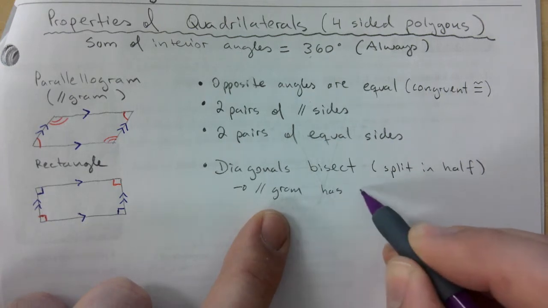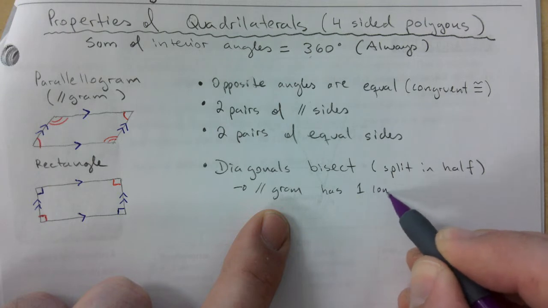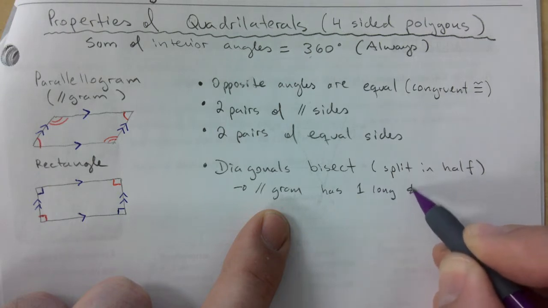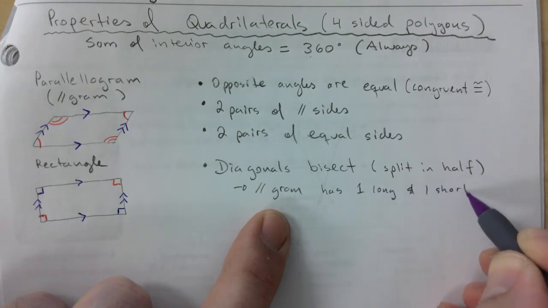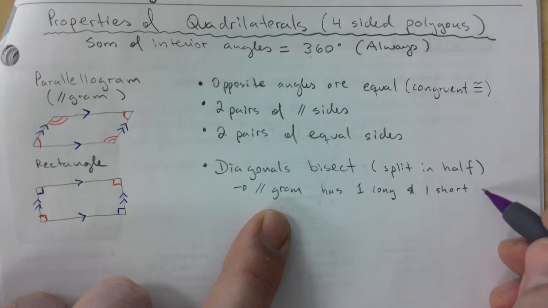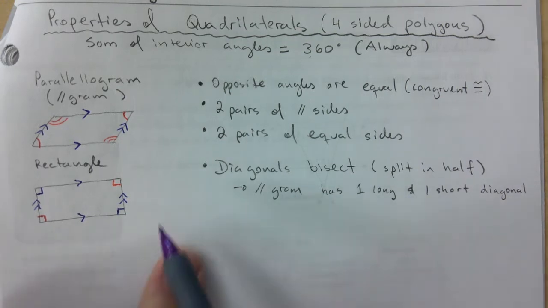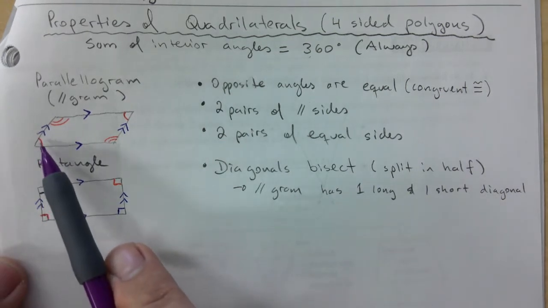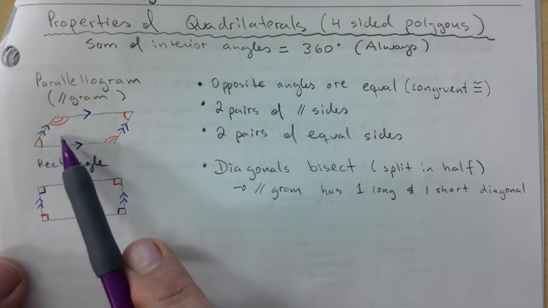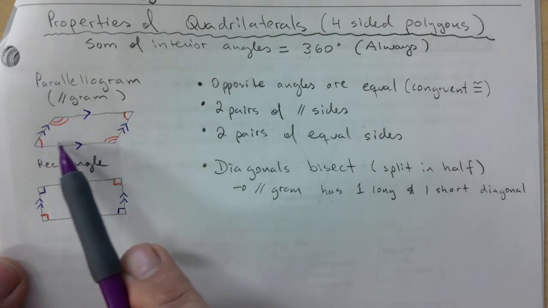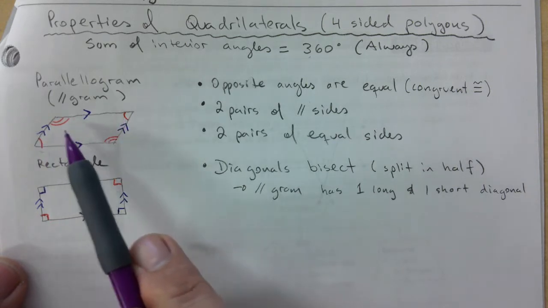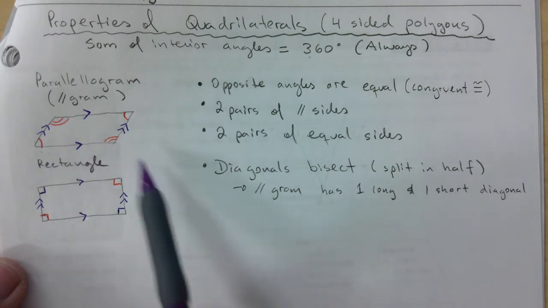Has one long and one short diagonal, right? A parallelogram, like if you go across here from this angle to the other angle, that's the long diagonal, and this is the short, right?